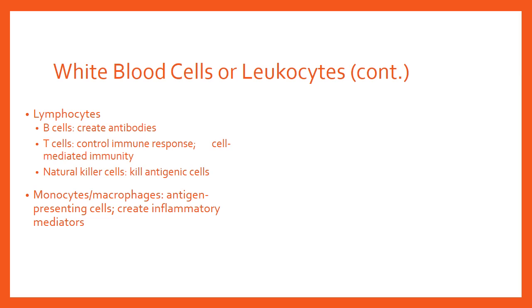So monocytes are the biggest cells among the white blood cells. They are approximately 6%.